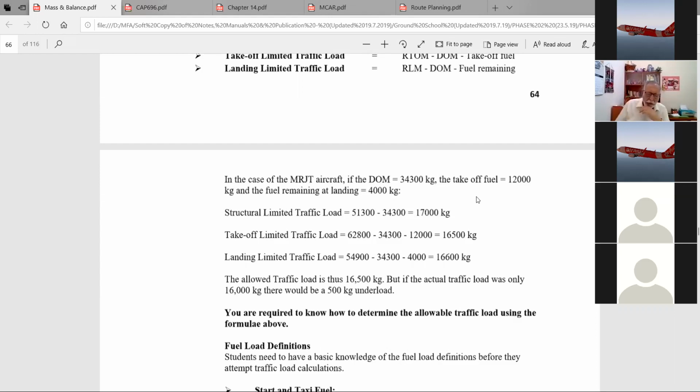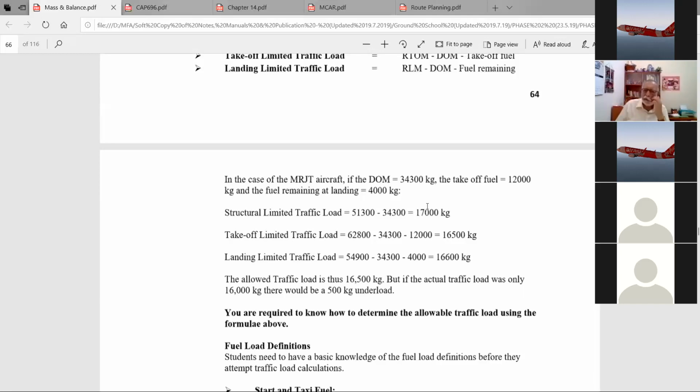Fuel remaining at landing is 6,000. Actual traffic load 3340 kg. Can you calculate your underload?